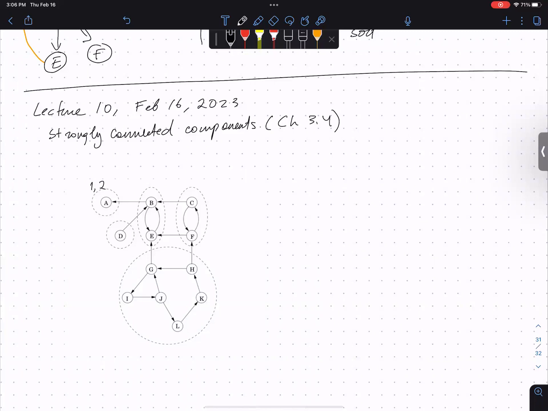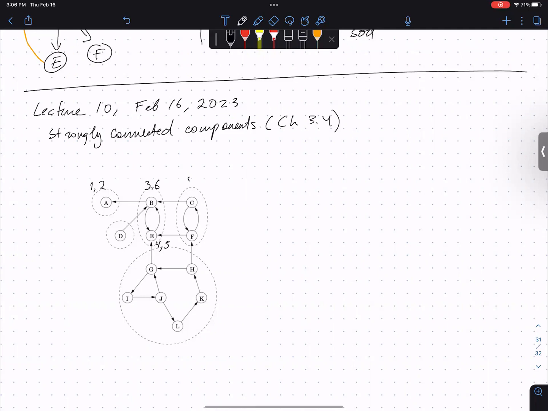So we're done with A. Then we go to B. From B, the only edge out is to E. So we go to E. And from E, the only edge is going back to B. So we wrap up in E, we go back to B. At B, we're just done there. There's nowhere to go from B.